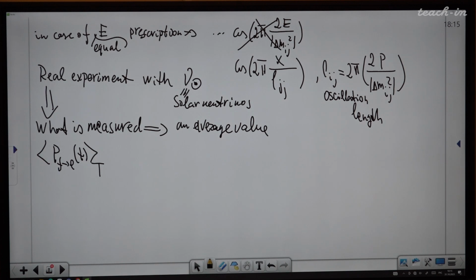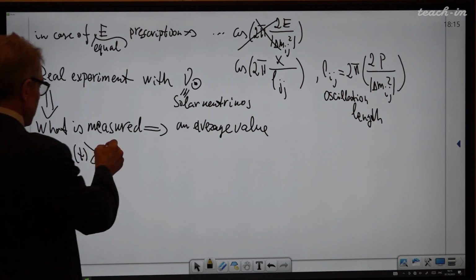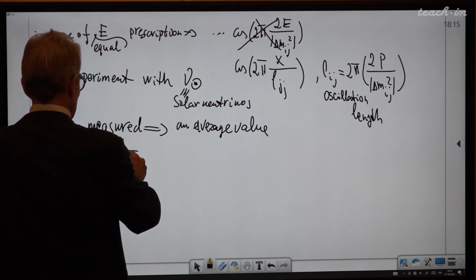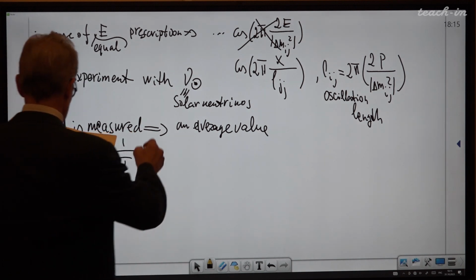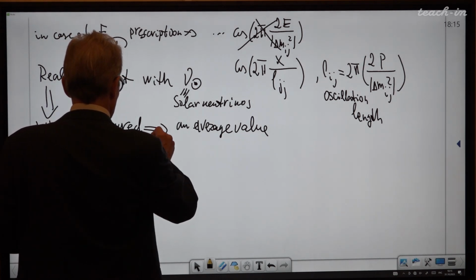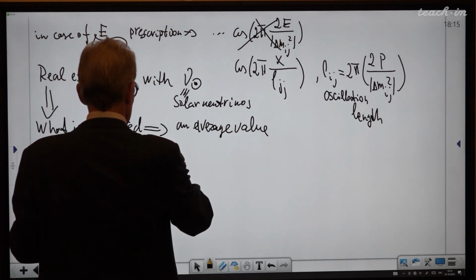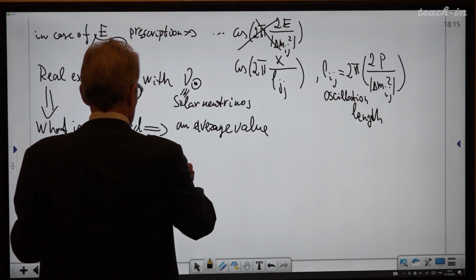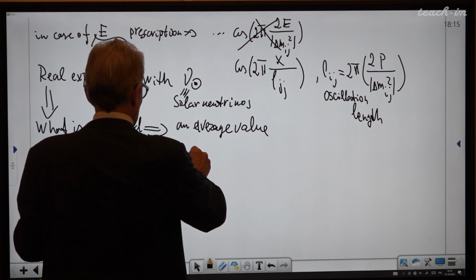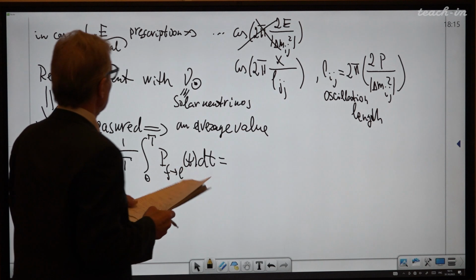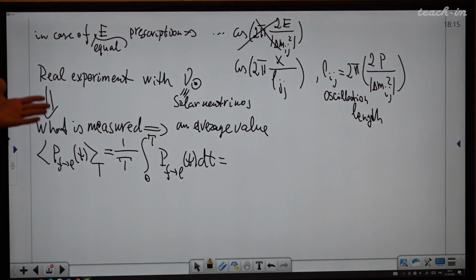This is a realistic situation, and it has the following analytical expression: 1 over t, the integral from 0 to this particular t of the derived probability of flavor oscillations as a function of time. Now we should insert here the two terms that we have just derived on the previous page.